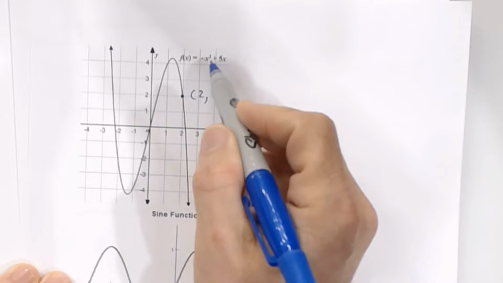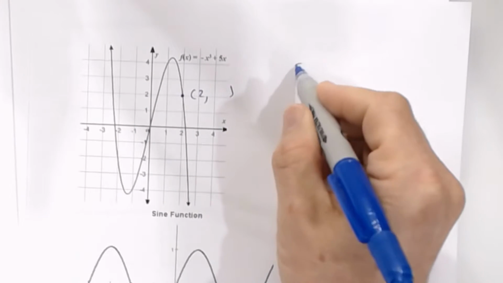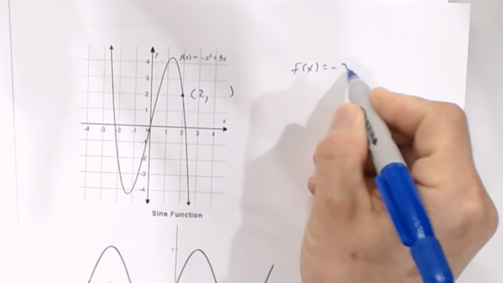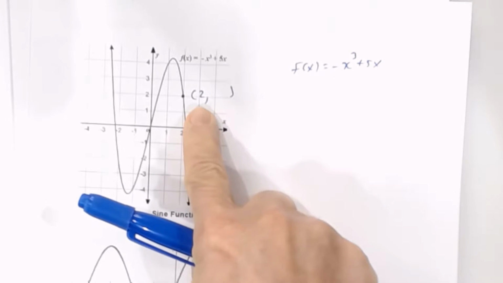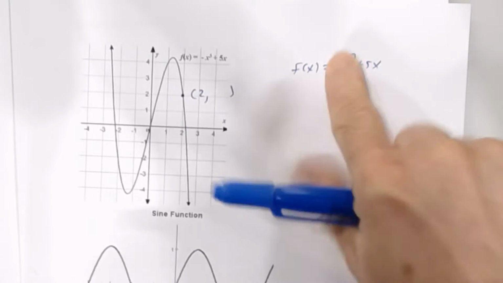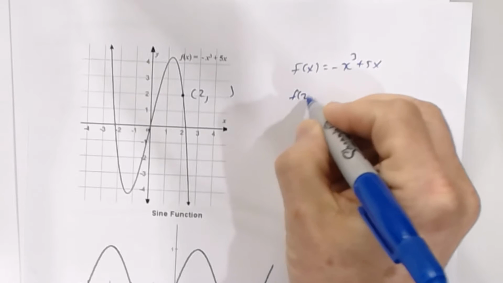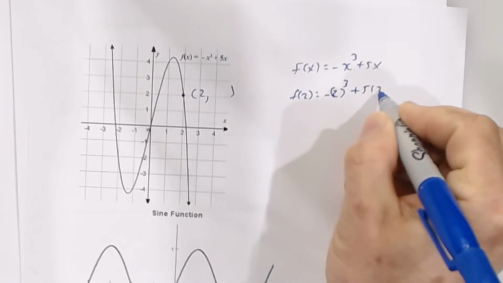On your paper it says negative x cubed plus 5x. If I substitute 2 for x, so I'm trying to find f of 2, f of 2 would be negative 2 cubed plus 5 times 2.